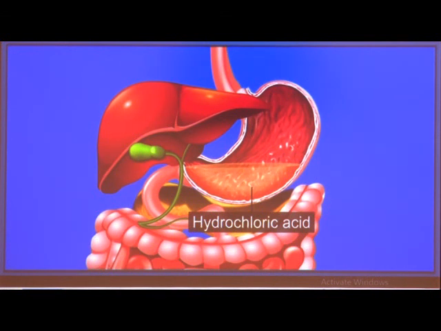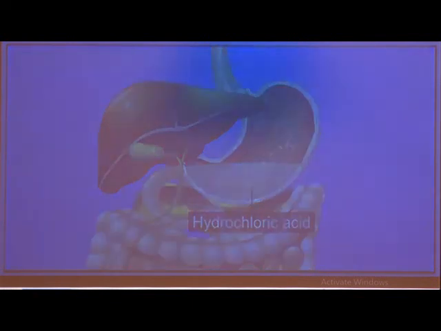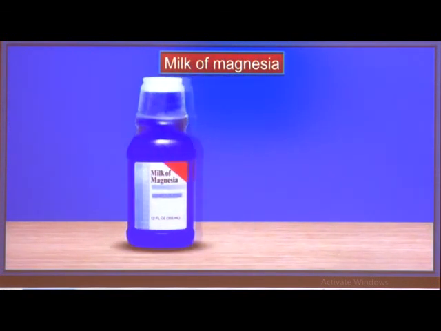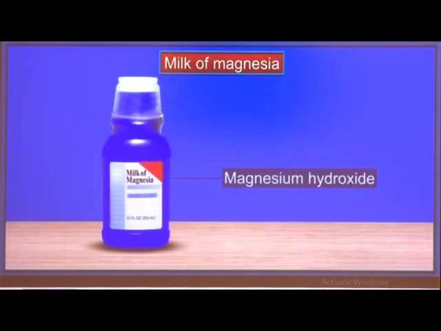In order to cure indigestion, we take weak bases called antacids, such as milk of magnesia. It contains magnesium hydroxide, which helps to neutralize the effect of excessive acid. It gives relief to the person suffering from indigestion.